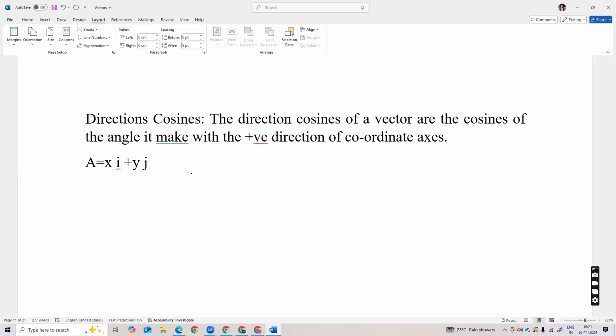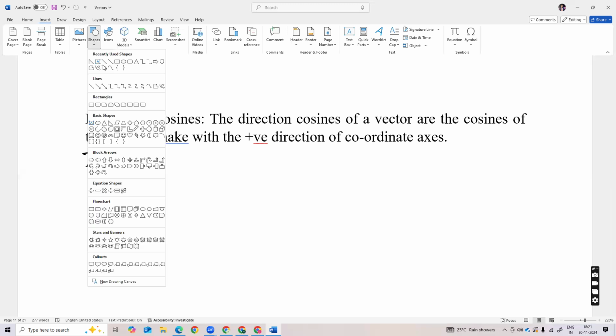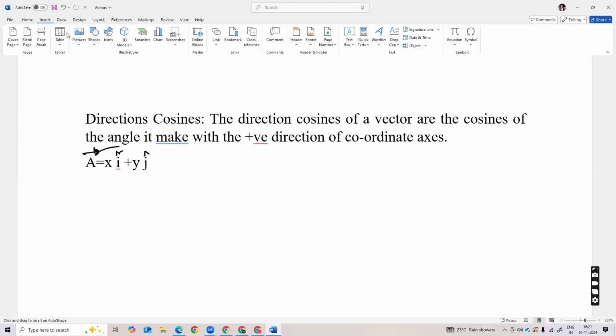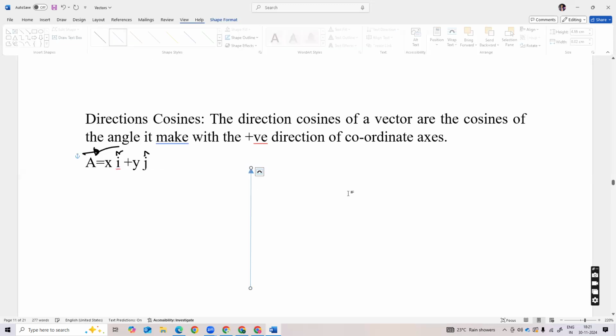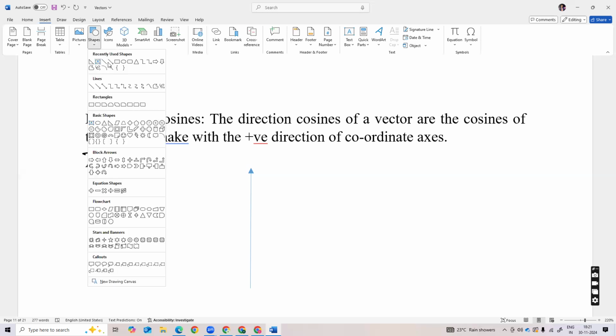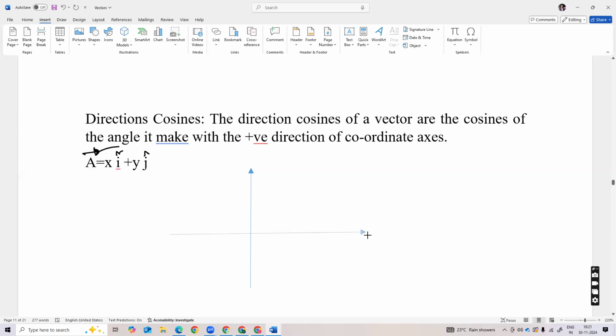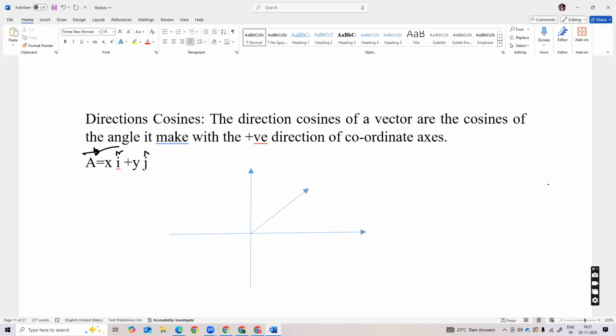Let's consider this is a vector A which is x i cap plus y j cap. We will draw it on the coordinate axes. Let's say this is the positive y-axis, this is the positive x-axis, and this is our vector A.